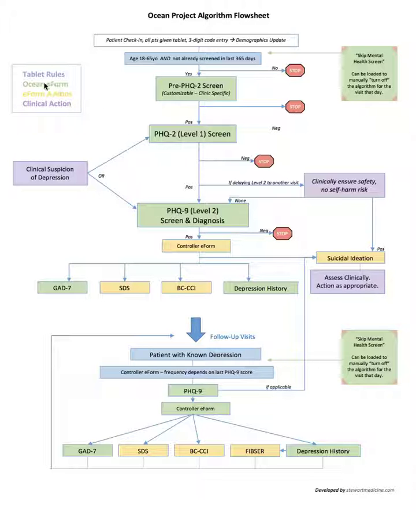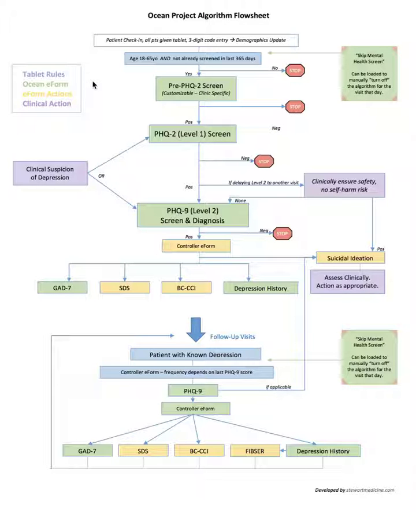We've got a color-coded legend, and basically an E-form refers to the actual template form, the actual questionnaire that the patient completes on the Ocean tablet. If there's a sore throat E-form, the patient will be prompted to answer touchscreen answers for yes or no, and the duration and drop-down menus.